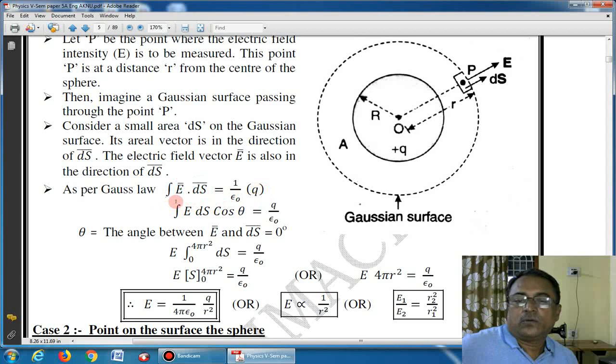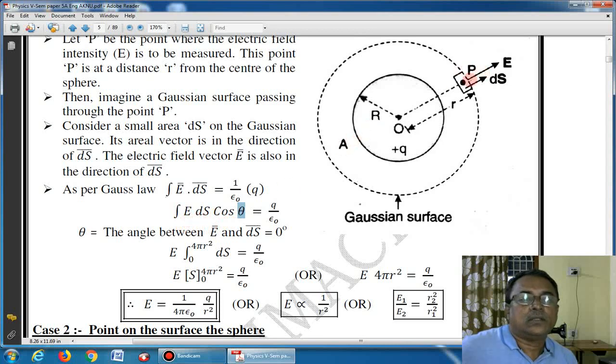And we know A bar dot B bar is equal to AB cos theta, that is the dot product. Similarly here E bar dot ds bar is equal to E ds cos theta. This is equal to q by epsilon naught. The theta value in this case is the angle between E and ds.